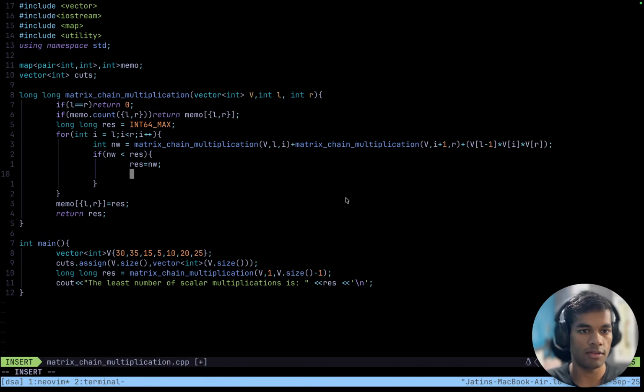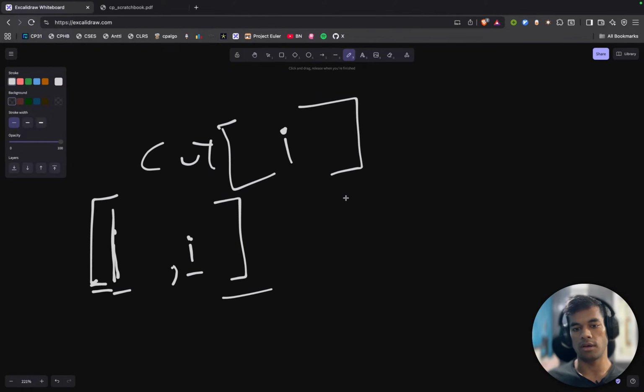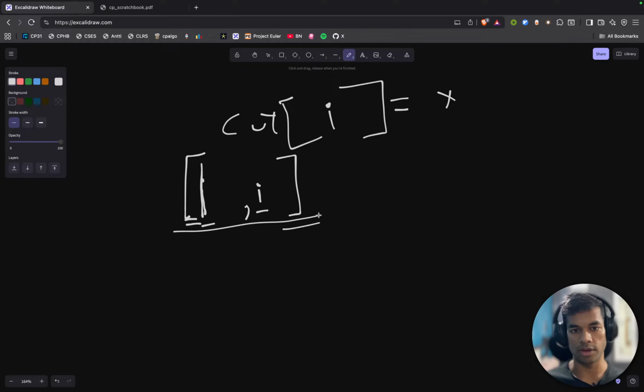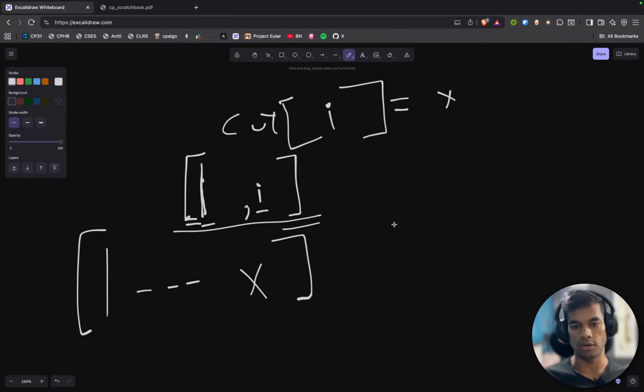So in that case, since our range is till R, we can say cuts R equals I, where I is the left part, let's say we get out of this X. X would mean that this matrix of range 1 to I, we have to divide into two ranges, 1 to X, where X is included in the left part, and X is not included in the right part, but I is.